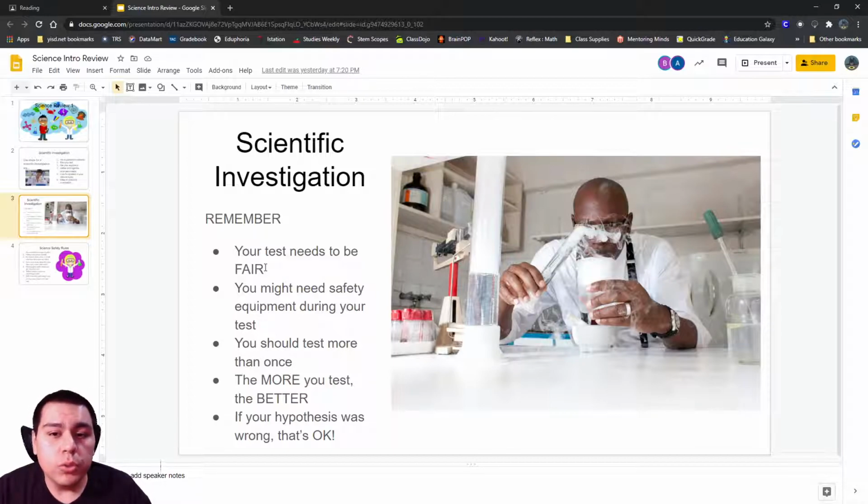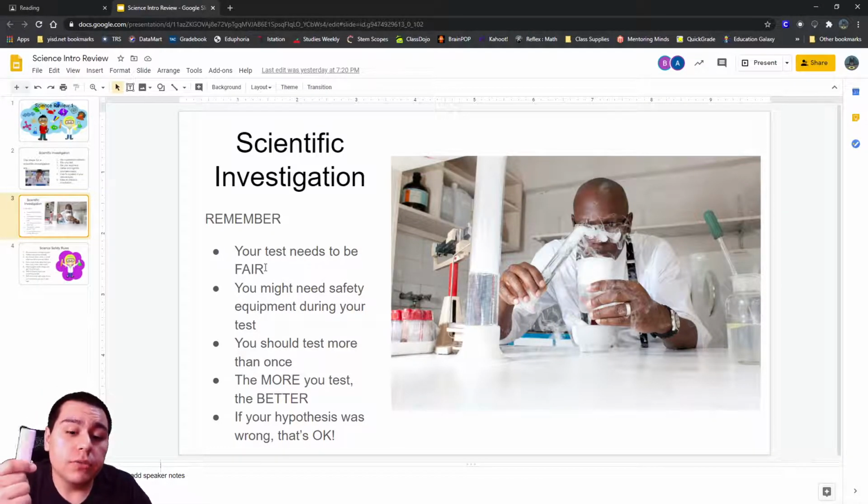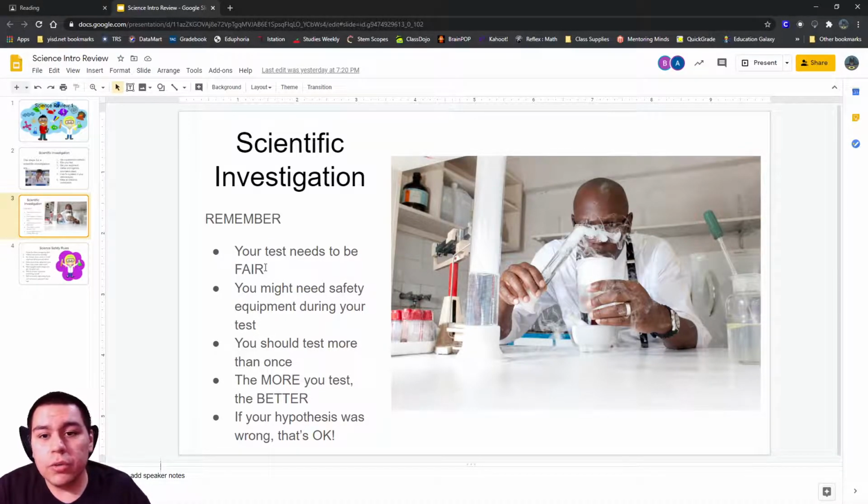If you were going to do, say, a science experiment with erasers, trying to figure out which eraser works better, you can't have one eraser erasing pencil and the other one erasing pen, because that's not fair. So you have to make sure that whatever test you have, it's a fair test.